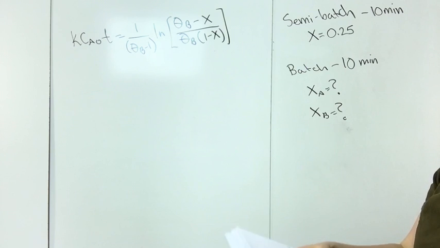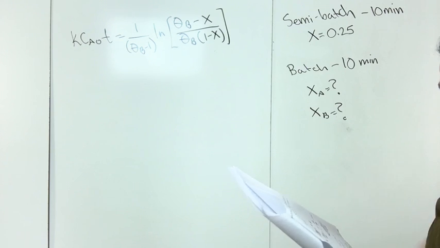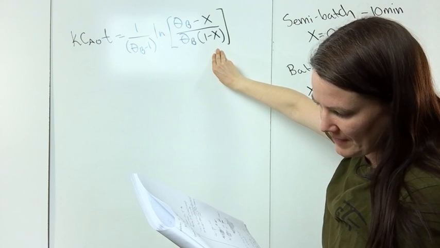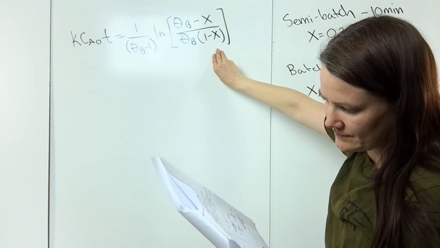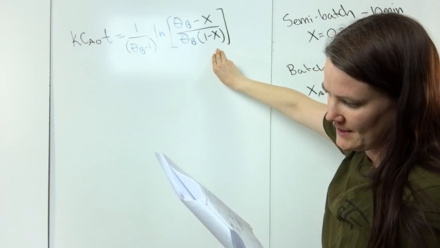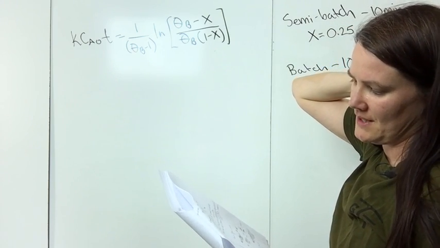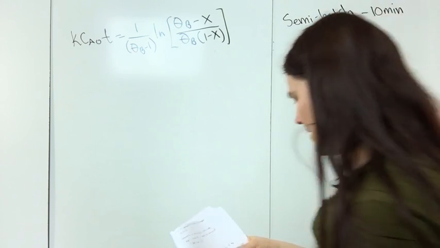So then in order to solve this, I want to solve this equation for X. And so I need C_A0, I need the volume, and I need theta_B.